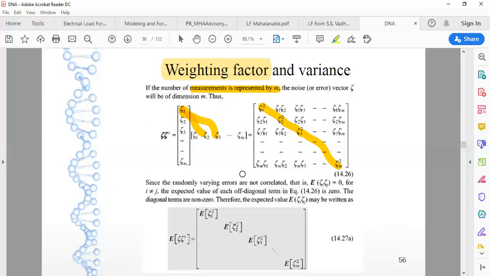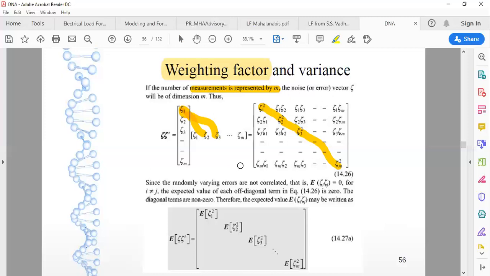Based on the assumption that an erroneous instrument 1 will not create any adverse effect on other instruments, the product of zeta i and zeta j will be treated as 0, and the expected value of that will be considered as 0. So from this matrix, only the diagonal terms are considered, which have some expected value.